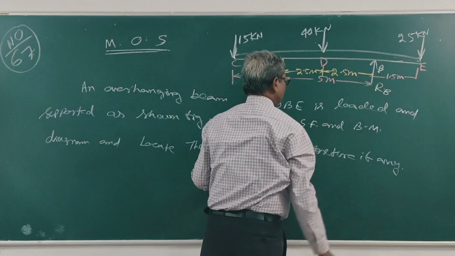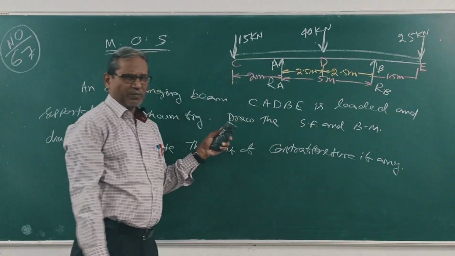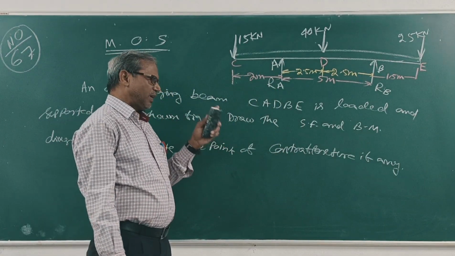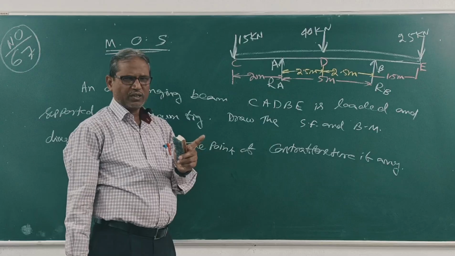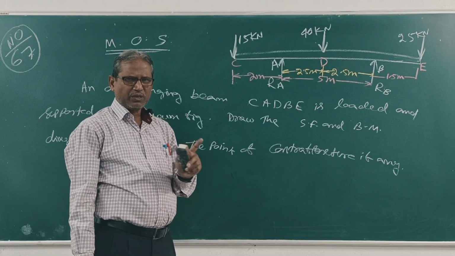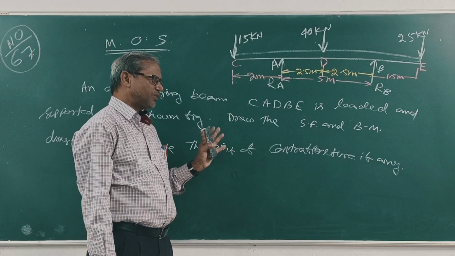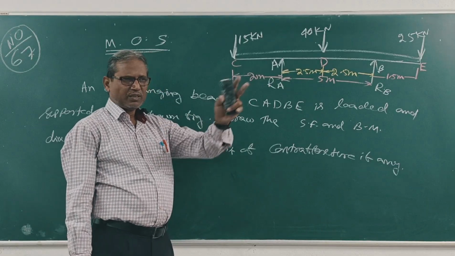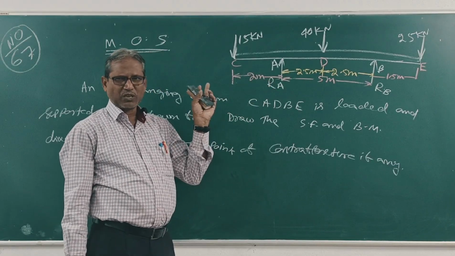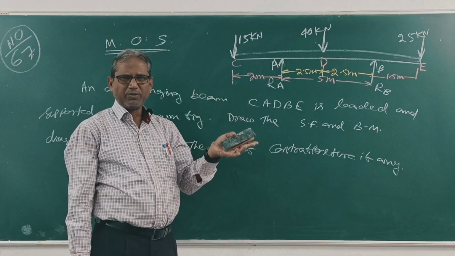Draw the shear force and bending moment diagram for the beam and locate the point of contraflexure, if any. Clear? Now first find the reactions at A and B, then make the shear force calculation, then the bending moment calculation. Clear?